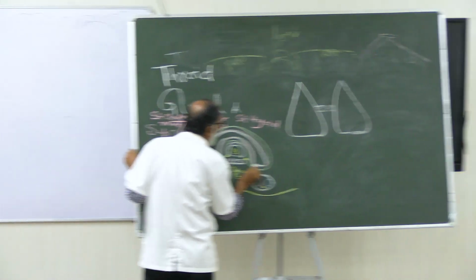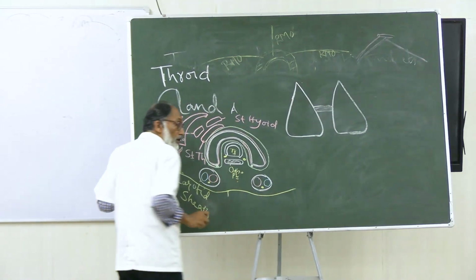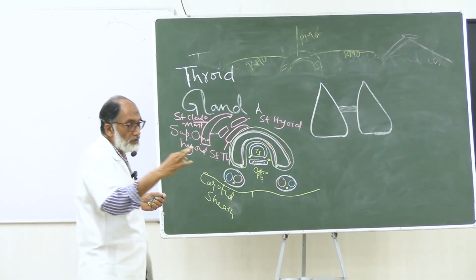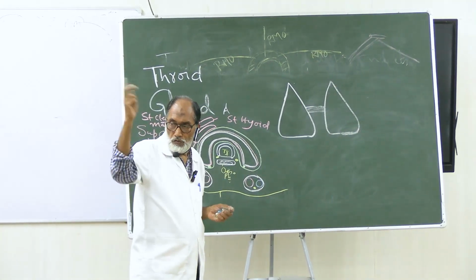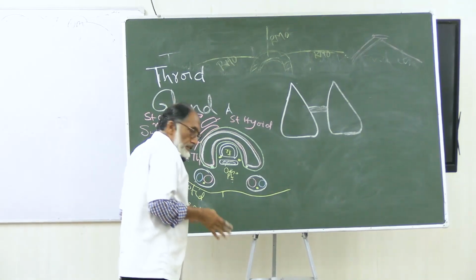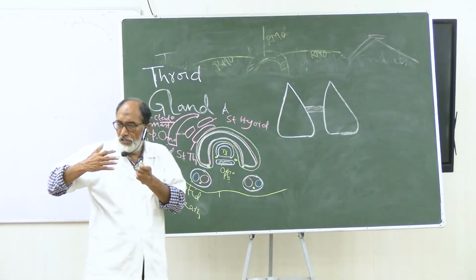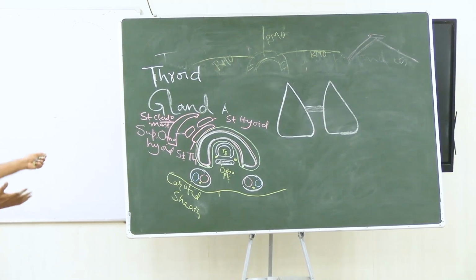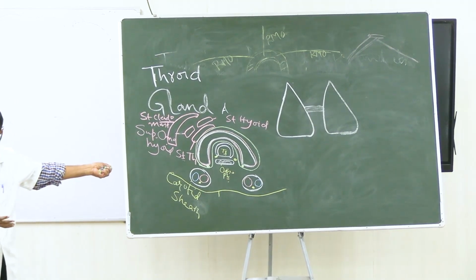Here lie the parathyroid glands. How many parathyroid glands are there in our body? Four. On each side two, upper and lower. That's why when a surgeon removes the thyroid, he keeps the posterior part of the thyroid intact.